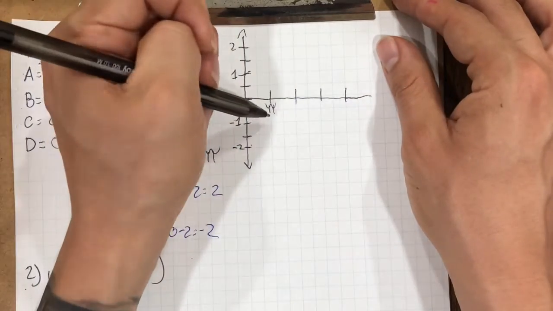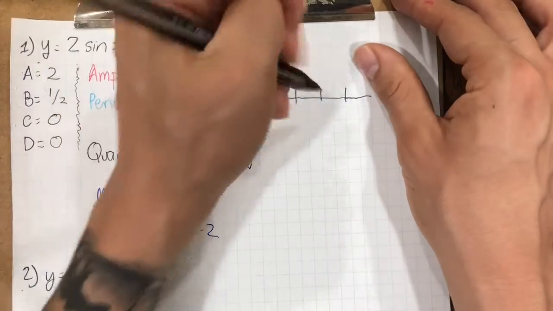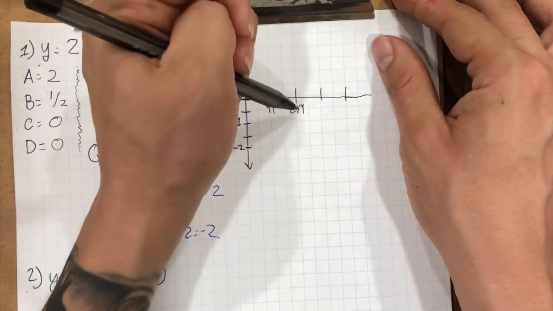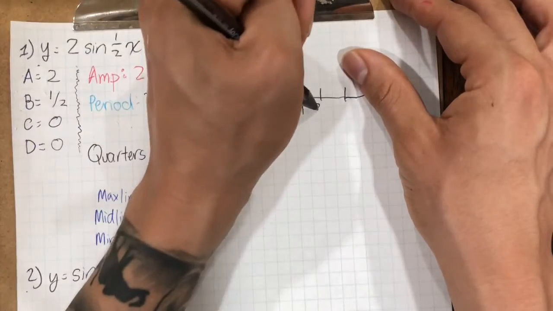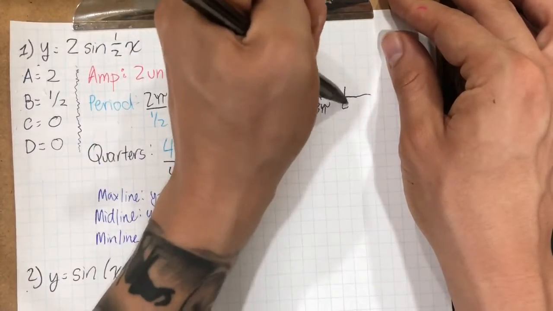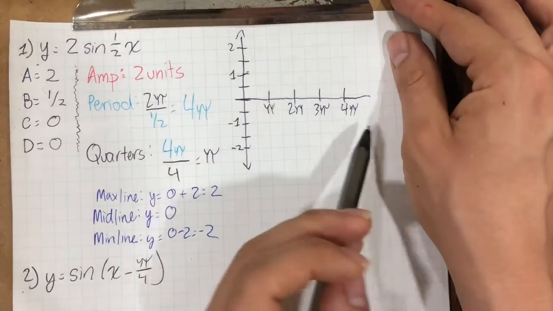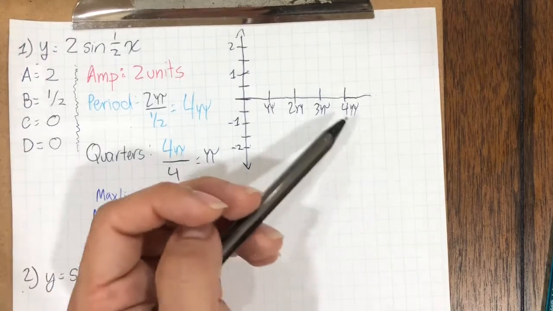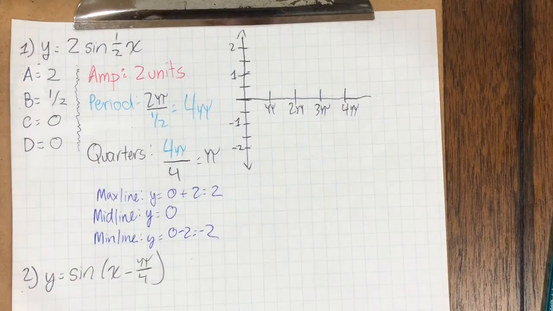And then if I add another pi, we go from pi to 2 pi. And then if I add another pi to 2 pi, we get 3 pi. And then if I add another pi to 3 pi, we get 4 pi. And 4 pi is the period of this graph. So that means that after 4 pi, the pattern starts to repeat.